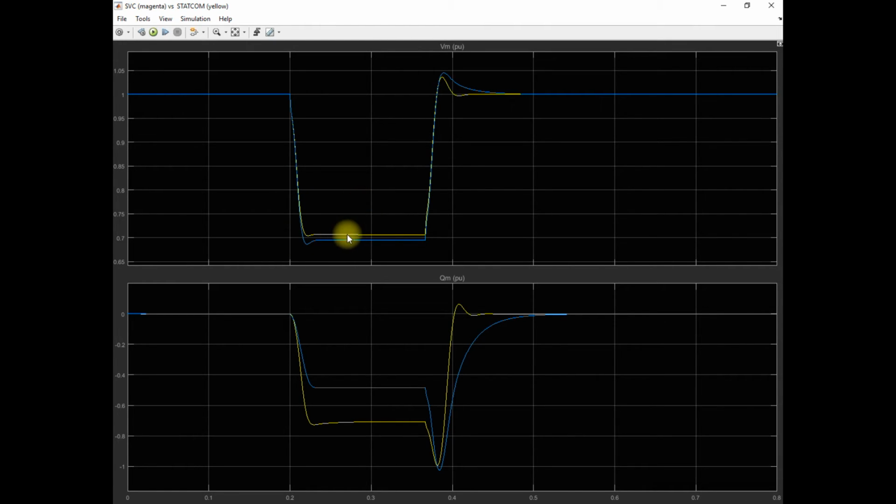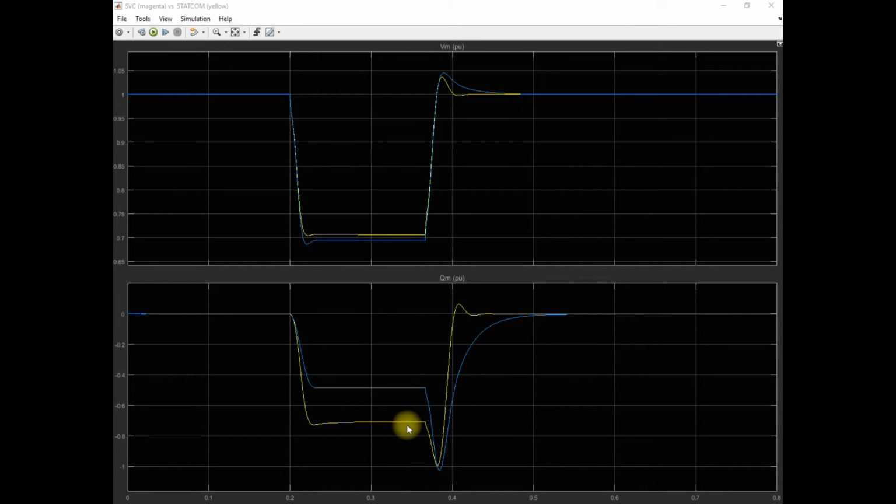This yellow line represents the STATCOM actual voltage measurement at bus B2, and this blue line waveform shows the actual voltage at bus B5 in the SVC system. In the same way, this blue line represents the reactive power of the SVC, and this yellow line represents the reactive power of the STATCOM.